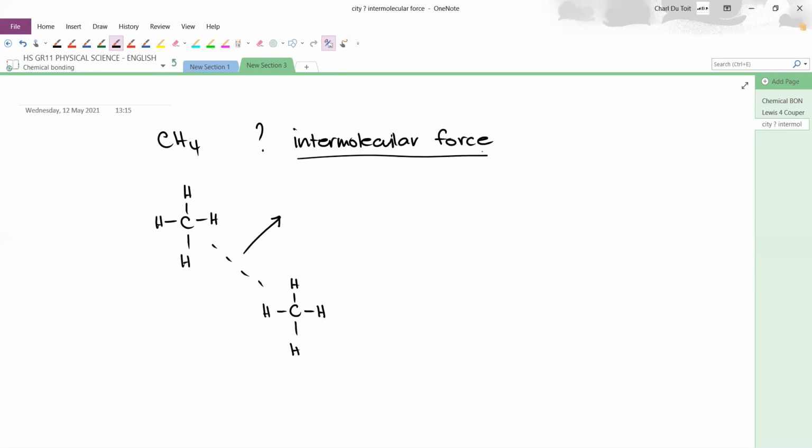So if you have a non-polar molecule and another non-polar molecule, the intermolecular force is London forces. You can also call it dispersion forces, or induced dipole forces. But London is quickest, easiest. Do you understand what to do?